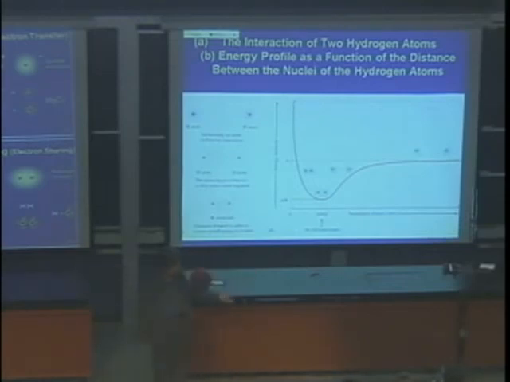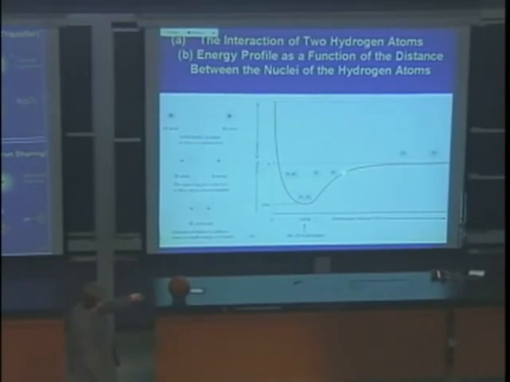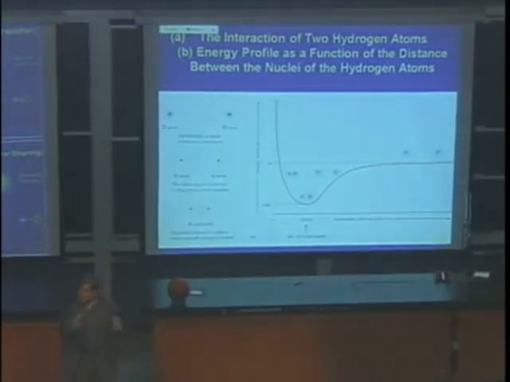So far it's extremely large because they have nothing to do with each other. Now I bring them closer and closer to each other, I lessen the distance, you see the energy goes down. The closer they come to each other, the more the energy goes down.